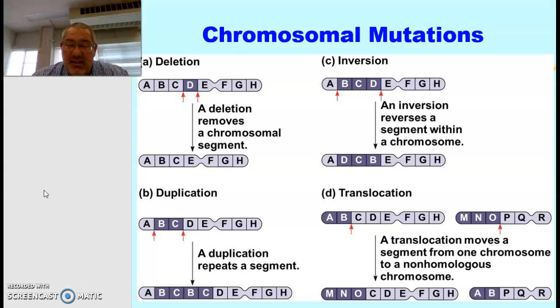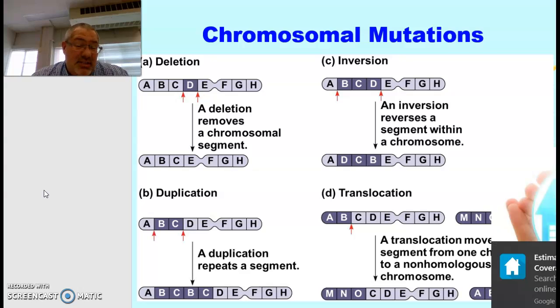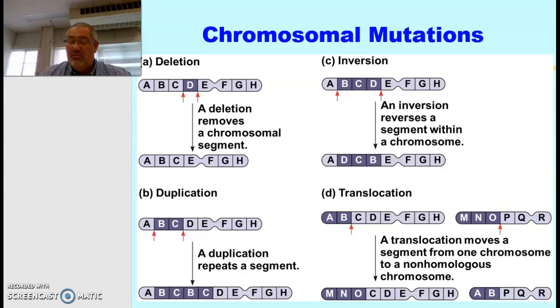And lastly, D, a translocation, is when a portion of one chromosome breaks off and attaches to a non-homologous chromosome, one that is different from itself.